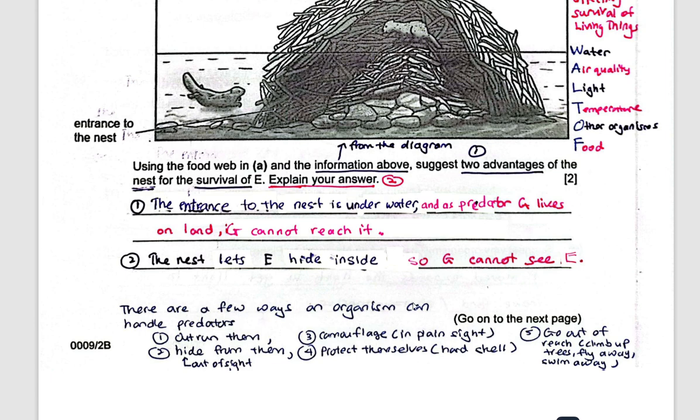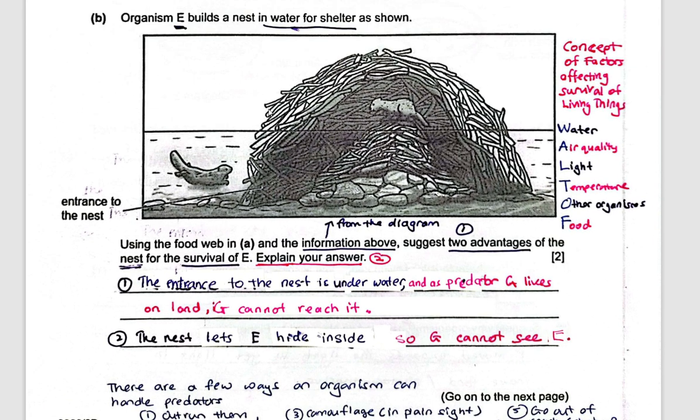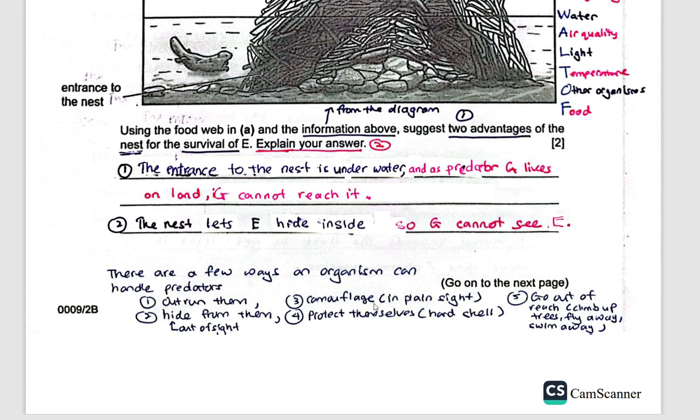What are a few ways an organism can handle predators, can escape from them, or can prevent itself from being eaten? They can try to outrun them, run faster than a predator. They can try to hide from them, means out of sight. This is an example of hiding, out of sight. Next one, they can try to camouflage. That means in plain sight. You can look at, for example, a leaf insect or a stick insect, and you don't realize it's a stick insect or leaf insect because it just looks like its surroundings.